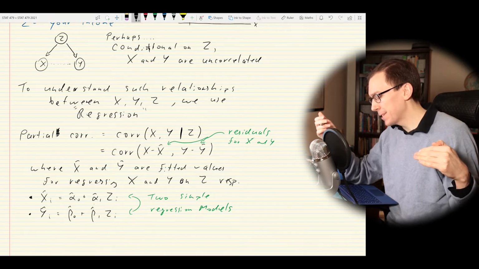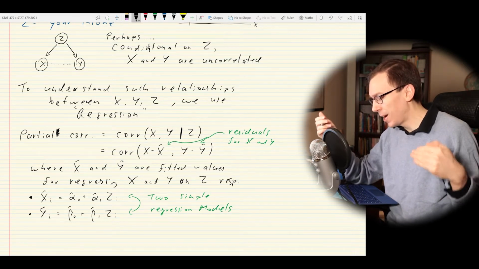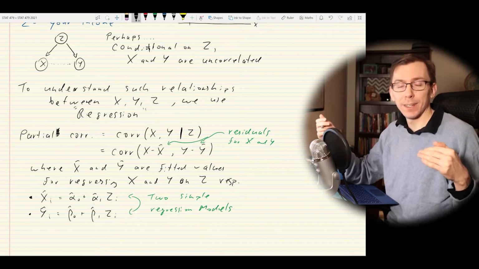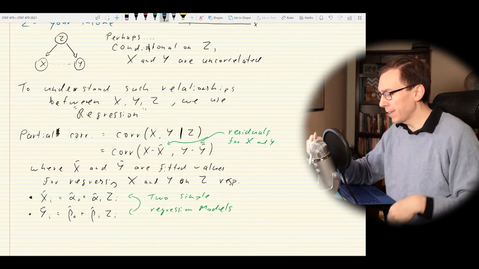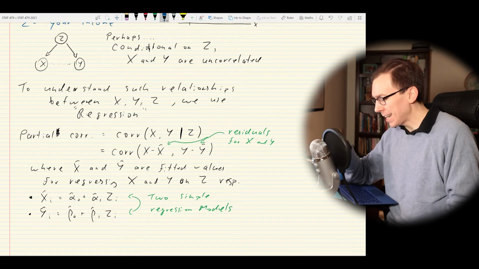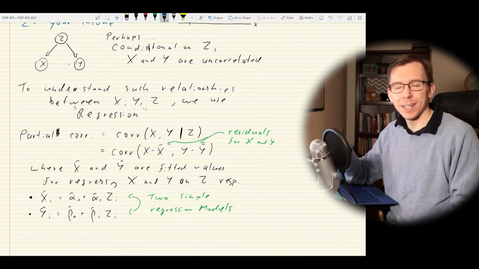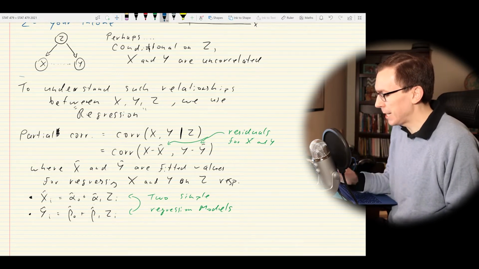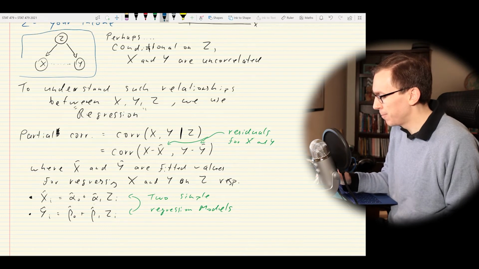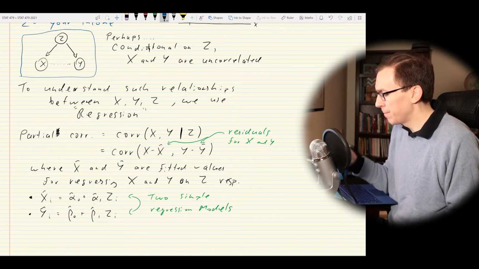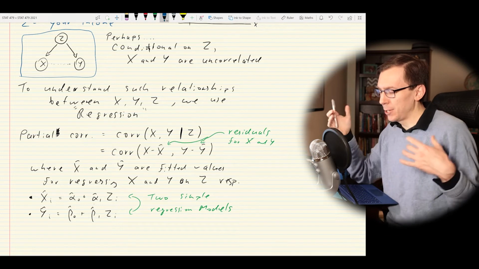Then, given that we have these predictions, the x hats and the y hats, we will then compute the correlation between the residuals. And again, when I write it down like this, it might seem like, okay, what does that mean? And what it really means, the picture to keep in your mind, is this one in the blue box up here, because that's really going to tell you what's going on.